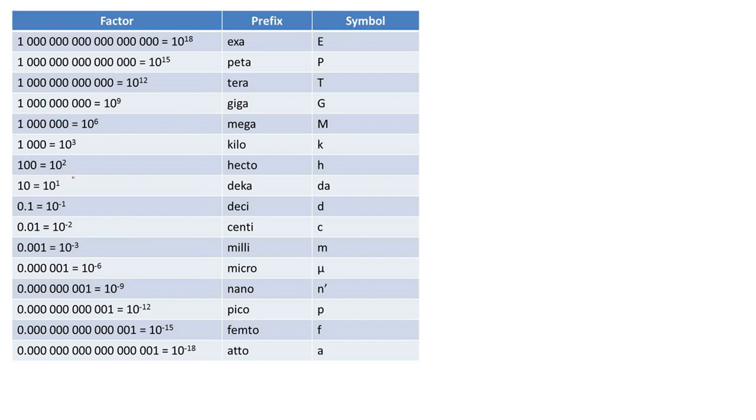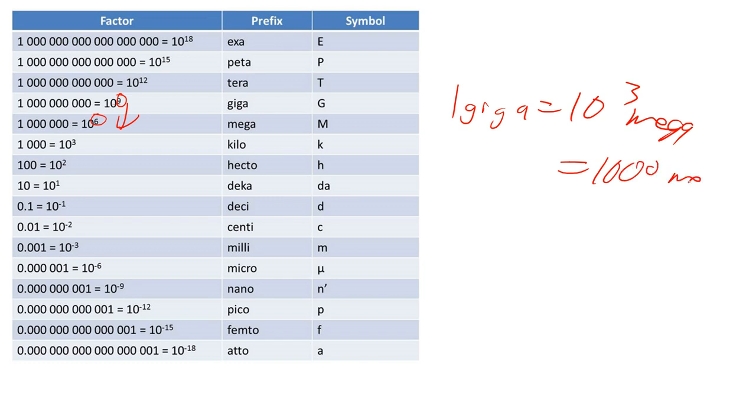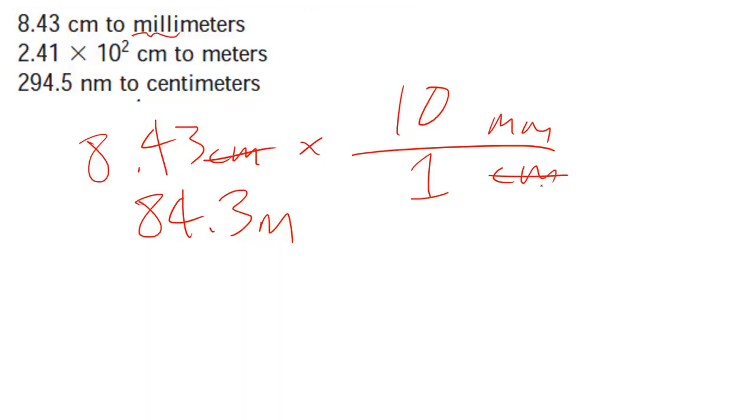Or for example, going from giga to mega, you're jumping by 3, because it's 9 to 6. So 1 giga is equal to 10 to the 3 mega, or 1000 mega. If you put 10 to the power 3 in your calculator, you'll get 1000. So just keep that in mind.